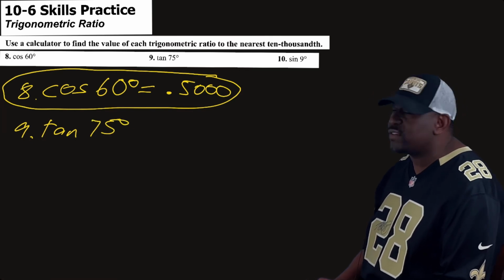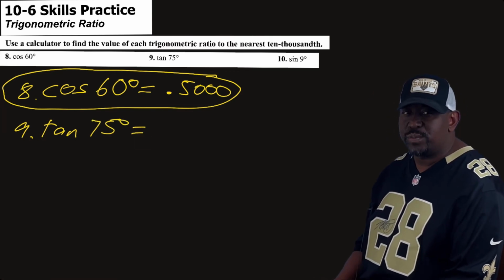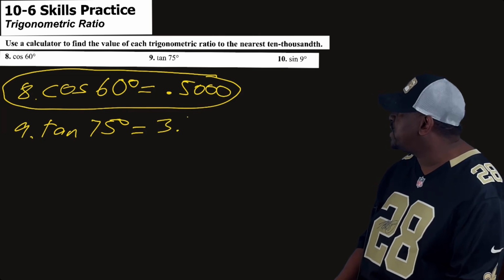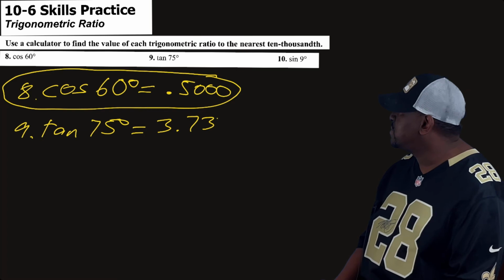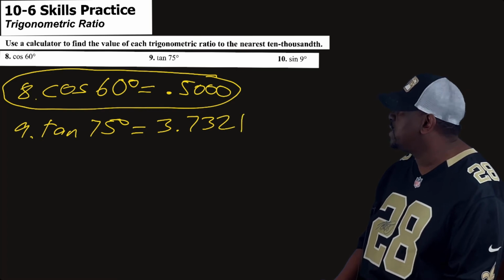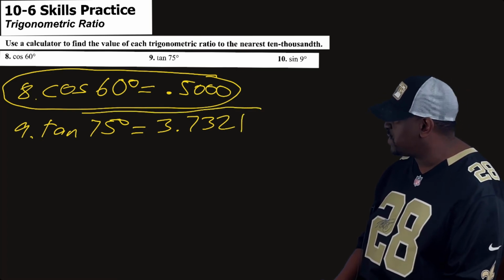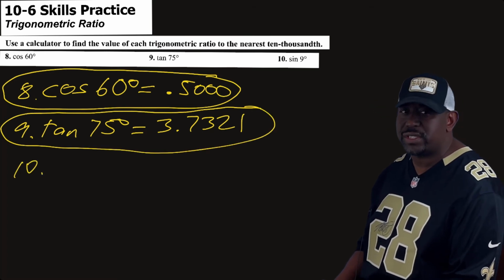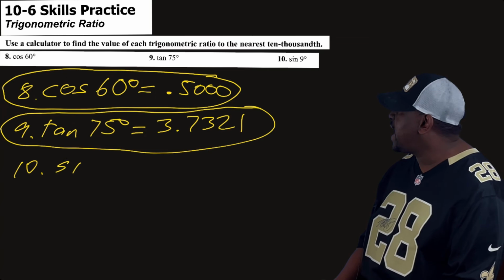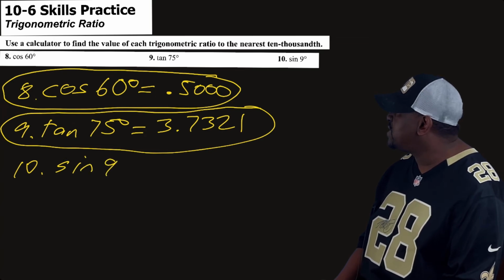So now we're going to do tangent 75 degrees. You push tangent on your calculator and you will get 3.7321. So again, the value of tangent 75 degrees is 3.7321. Then the last problem we have here, sine of 9 degrees.